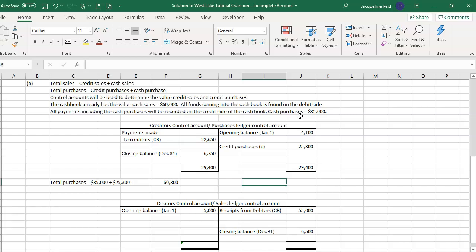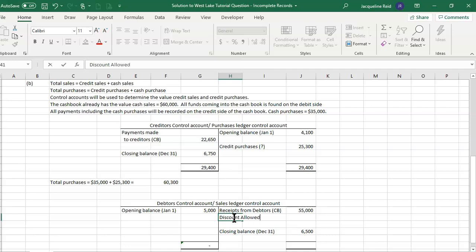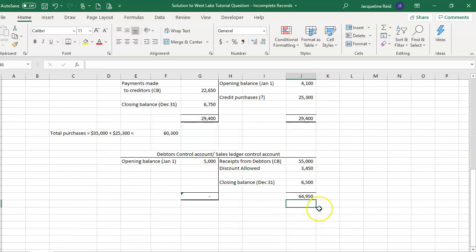Now you should know by now that discounts allowed and receipts have the same effect on opening balances in that they reduce opening balances. So the discounts allowed entry must be seen on the credit side of this control account, and the figure is 3,450.